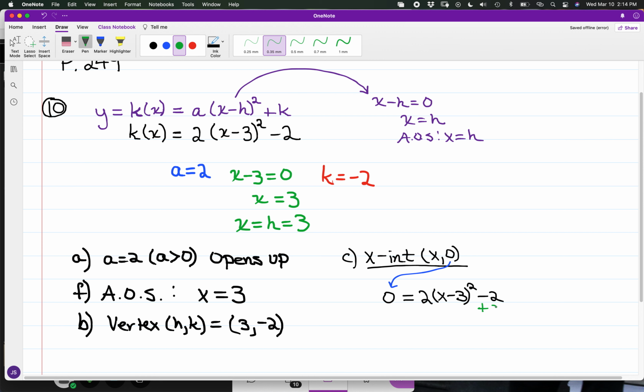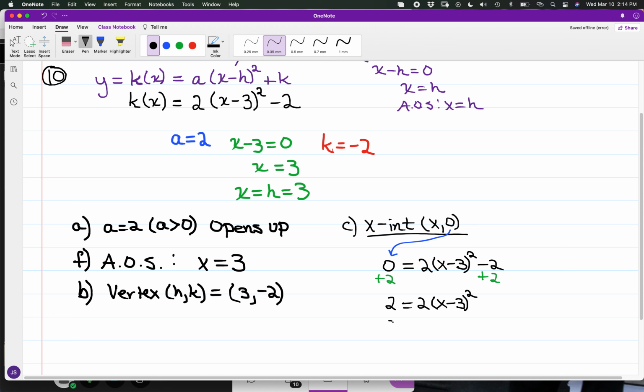But what I'm going to do instead is to create a pathway to utilize the square root property of equality. So I have 2 is equal to 2 times the square of x minus 3.